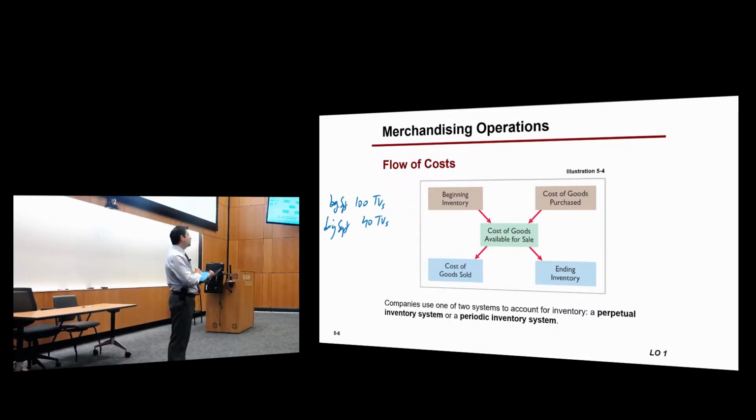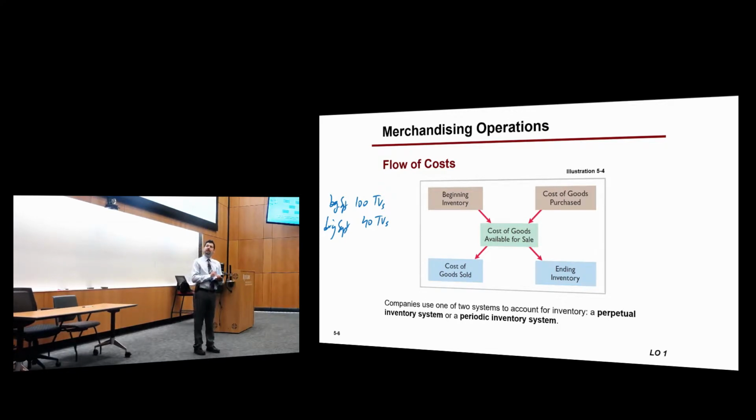Do you know the cost of those 40 TVs? Here we don't know, but usually, do companies know the cost of the TVs? Yes, they receive an invoice. This is how much they purchased them for. Okay?